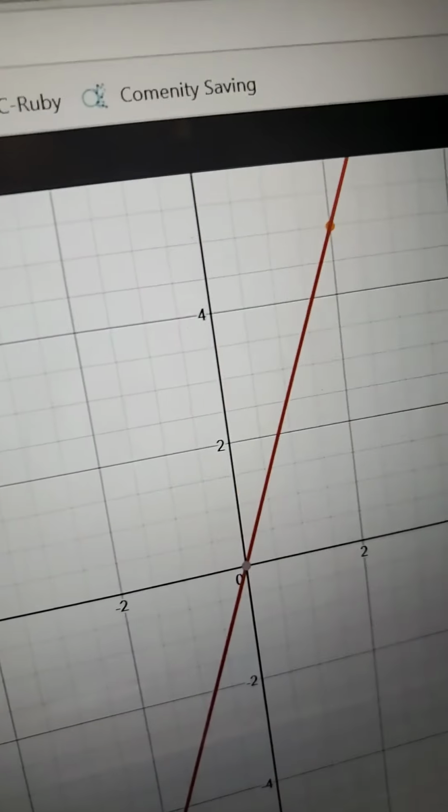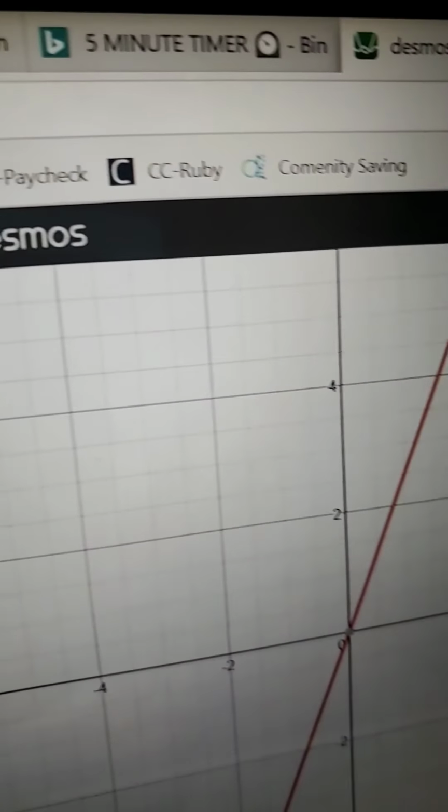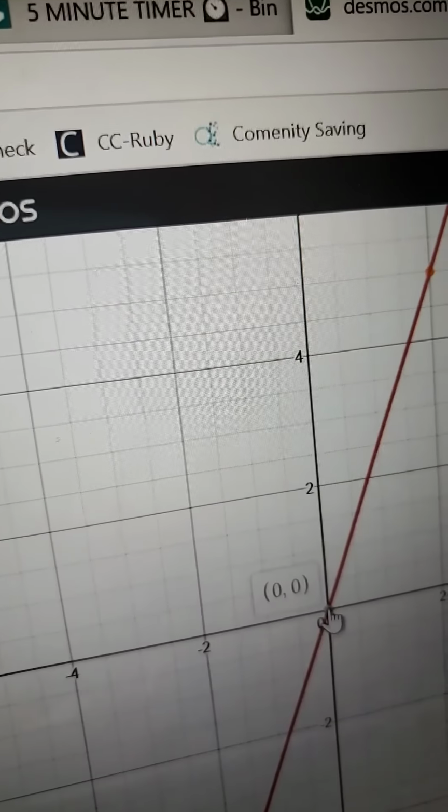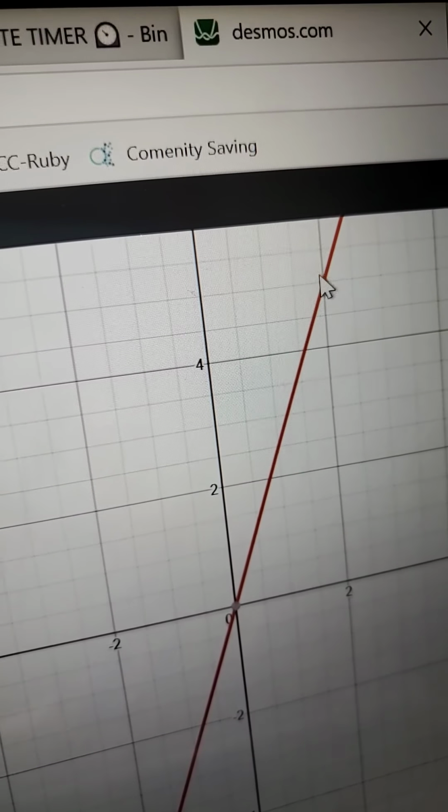It completed the line for me and it went straight through my first point, 0, 0, and my second point, 2, 5.